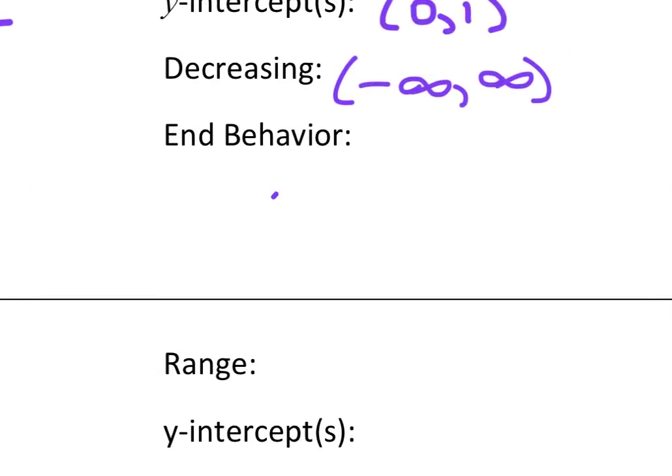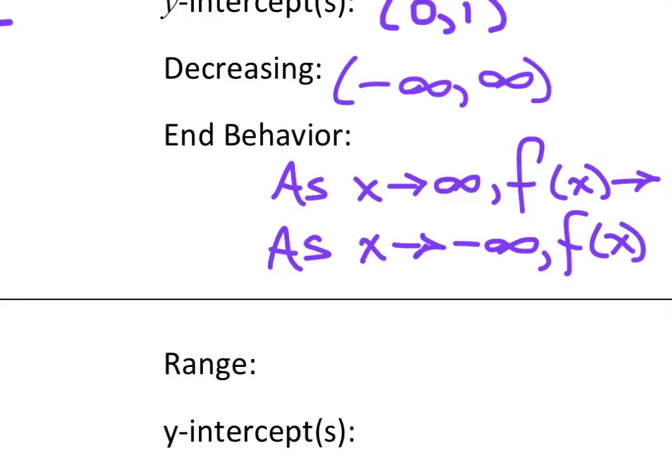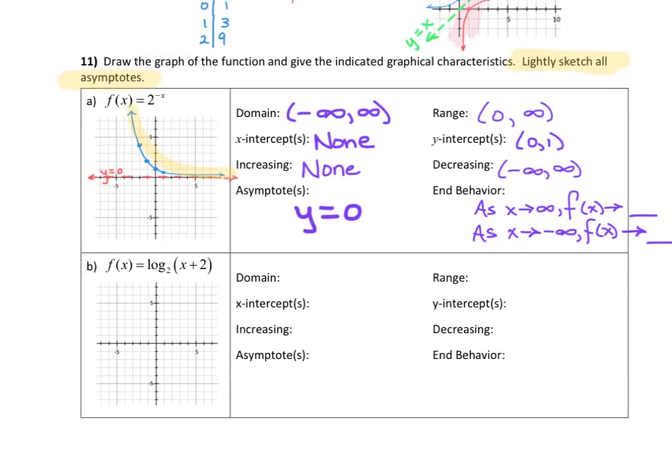And remember, the end behavior asks you as x goes to positive infinity, what is the function approaching? And as x goes to negative infinity, what is the function approaching? And so you need to answer those two questions. Here, really what this says is, on the right, what's happening?